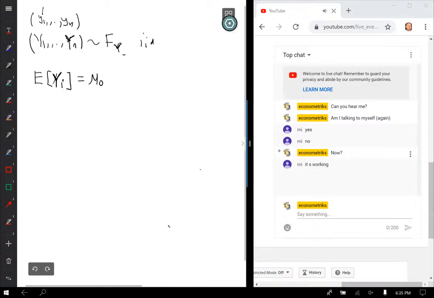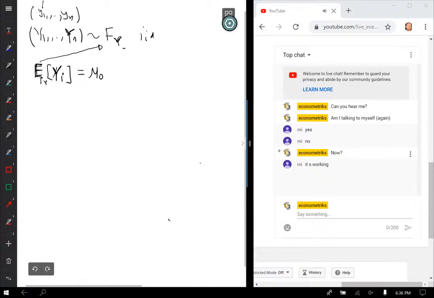And we don't always talk formally, but this E is taking expectations with respect to this true underlying density f of y. Now we don't always write that because it gets cumbersome after a while, but formally this is the average of yi taken with respect to the underlying population distribution of our data set, where it came from.